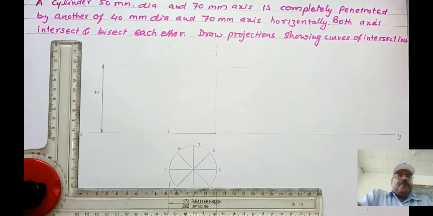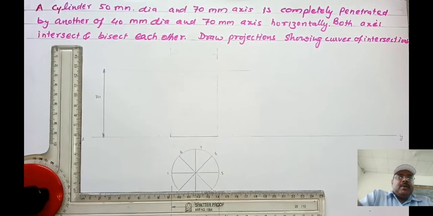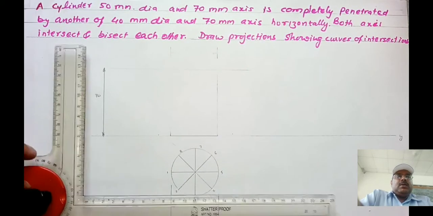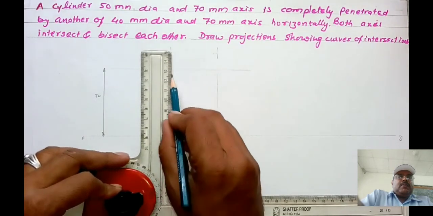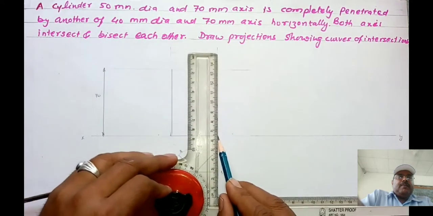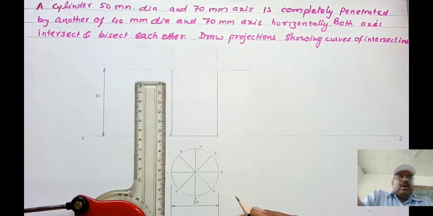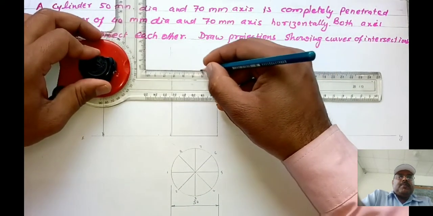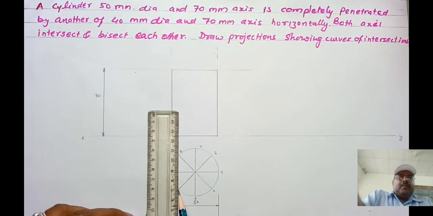Then project points 1 and 5 in the front view of the circle. Project point 1 and point 5 as shown in the figure up to the height, and dark the portion of the border.